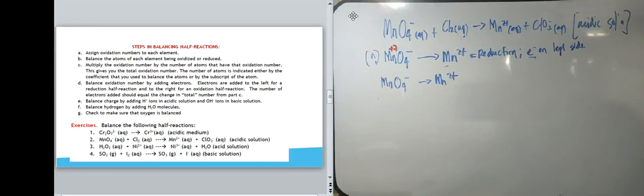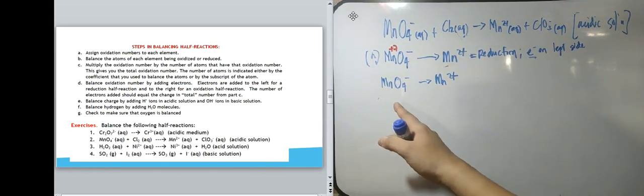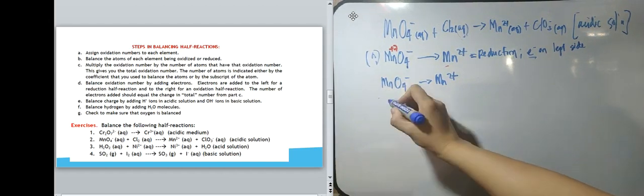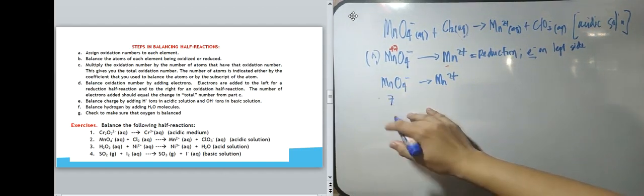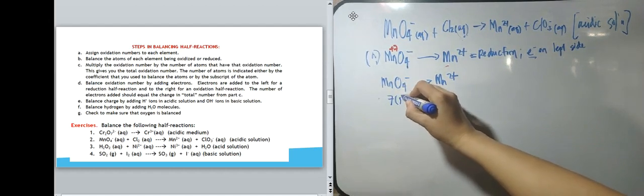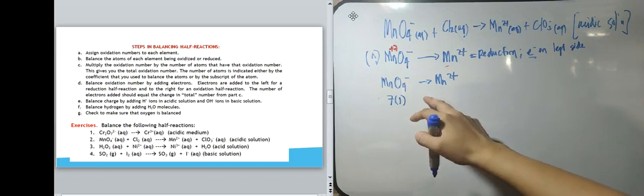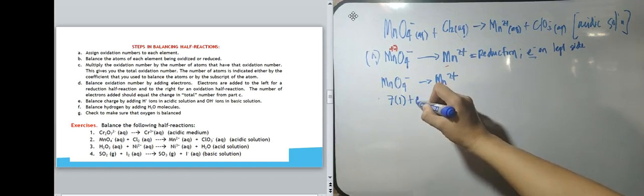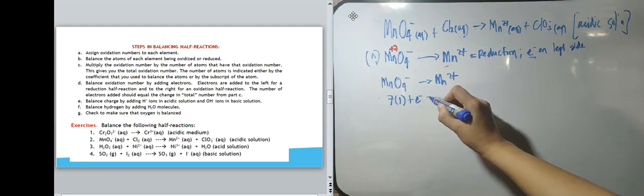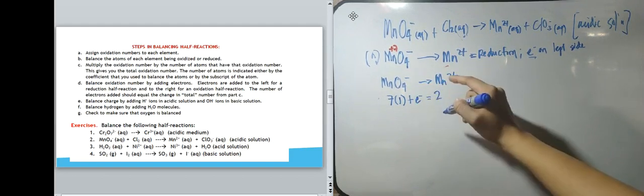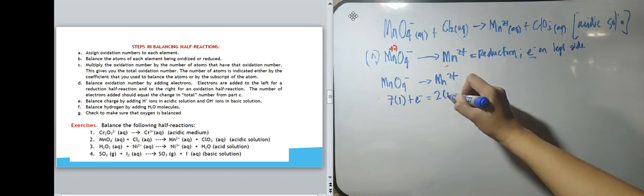So we'll move to the next step, which is multiplying the oxidation number by the number of atoms that have the oxidation number. So, the oxidation number of this is 7, 7 times 1. So, to know how many electrons we will add, 7 plus E is equal to 2. How many Mn? One.